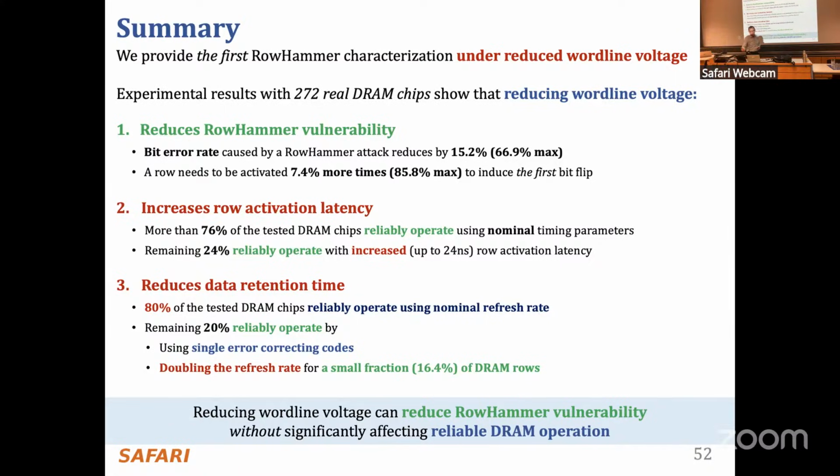As a result, you cannot operate things as fast. So we've quantified that also, which is good. Reducing the voltage, unfortunately, reduces data retention time as well. But you can actually use some error correcting codes to fix that and maybe double the refresh rate for a very small, well, not very small fraction of DRAM rows.